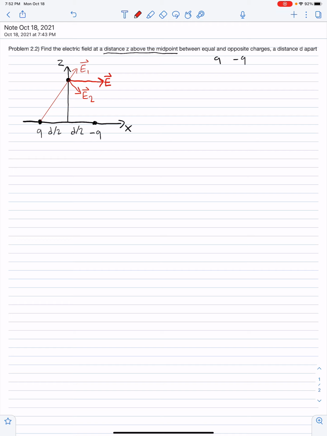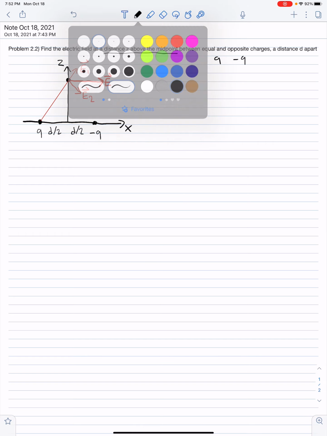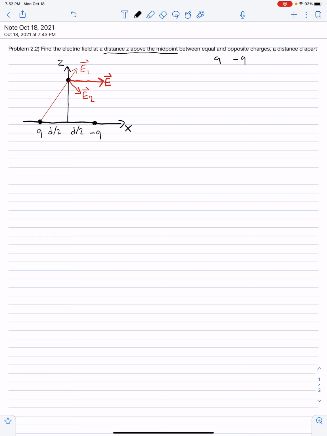So what you should notice is that the z components, in the z direction, our electric field components cancel out. So I'm going to say we cancel in the z direction, but we add in the x direction.